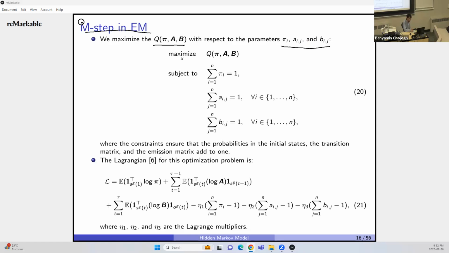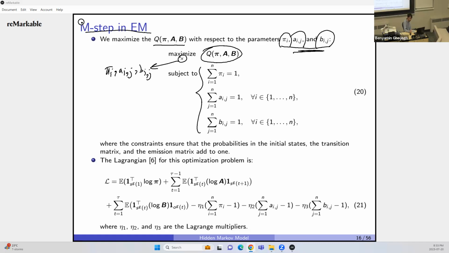These are unknown, and we want to find them: π_i, the probability of the initial states, a_ij, the elements of matrix A, and b_ij, the elements of matrix B. So I maximize this Q. These are the three things that we saw: π_i, a_ij, and b_ij.